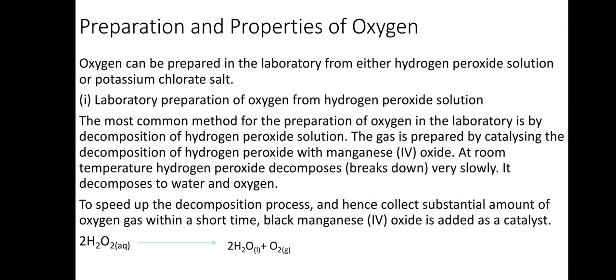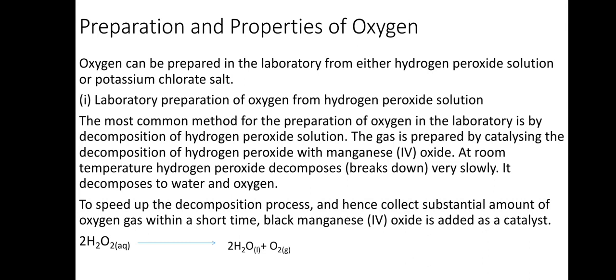At room temperature, hydrogen peroxide decomposes or breaks down very slowly. It decomposes to water and oxygen. Now to speed up the decomposition process and hence collect a substantial amount of oxygen gas within a short time, this black manganese IV oxide is added as a catalyst.